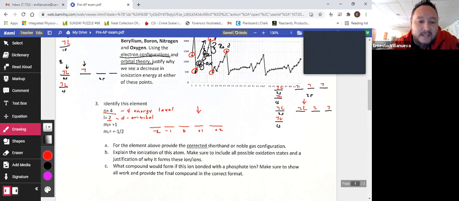And this tells me that it is a fully occupied orbital because it has a positive and a negative spin for the electrons. So let's go ahead and fill in the electrons. 1, 2, 3, 4. Now I'm in the correct subshell, but I know it can't be this electron because this subshell is supposed to have both a positive and a negative spin electron. So I'm going to keep going and fill it up.